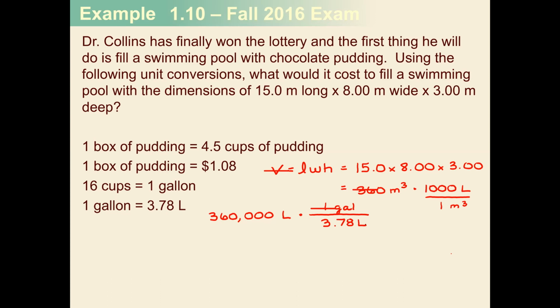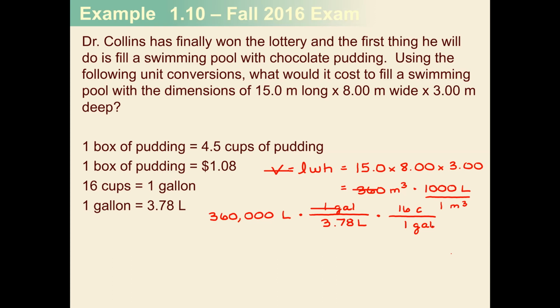But now what you can see is I need to go to cups. So if I do that, I can say that 16 cups is equal to 1 gallon. If I were to go and do that, I can actually get a temporary answer to determine how many cups I currently have in this situation.